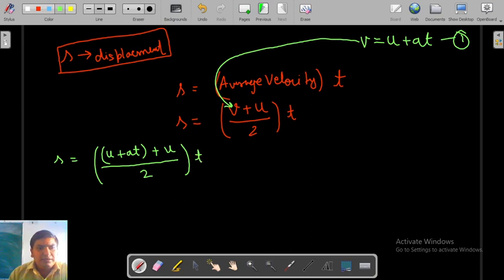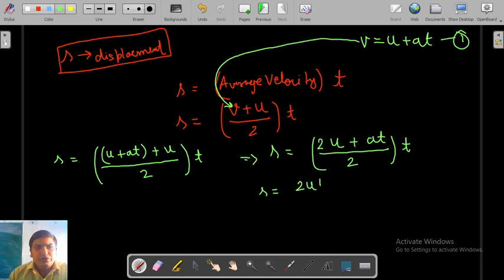We can solve this bracket and we get s equals to 2u plus at by 2 times t. We can multiply the t in the bracket, we get 2ut upon 2 plus at square upon 2. Here 2 and 2 can be cancelled. We get the equation s equals to ut plus half at square.